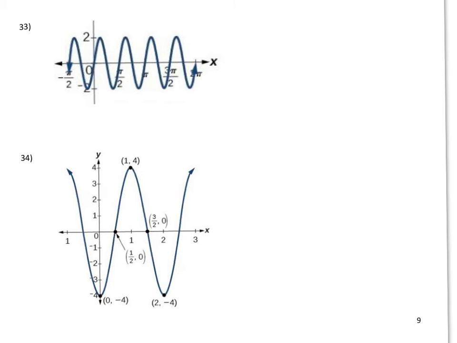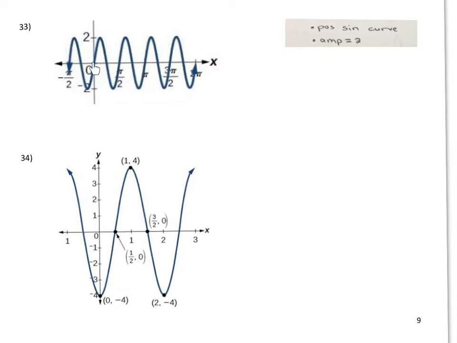Okay, so number 33. Now, this one is a sine curve because, look, it's going through 0, 0. And because it's going up first, it's a positive sine curve. Okay, now the next thing, the amplitude is 2. And then the frequency. Now, we know the frequency is the number of complete cycles between 0 and 2 pi.